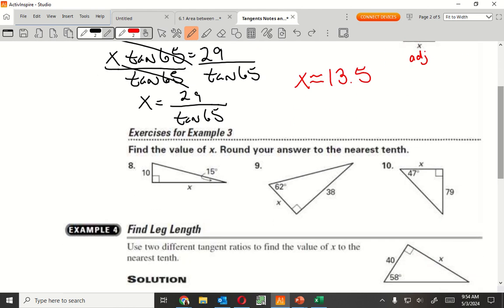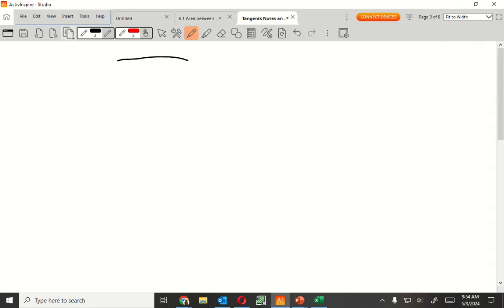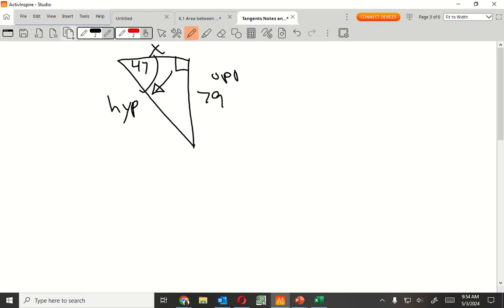Okay, so 47, 79, and x. That's my hypotenuse. Opposite, and then this last one is adjacent.